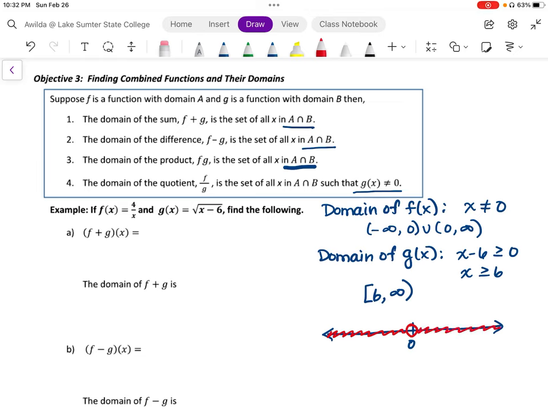For the domain of g, we had to start at 6. 6 was included, and then it could have been any number to its right. So if we look at which x values are in both of these domains, basically the numbers starting at 6 and going anywhere to the right of 6.